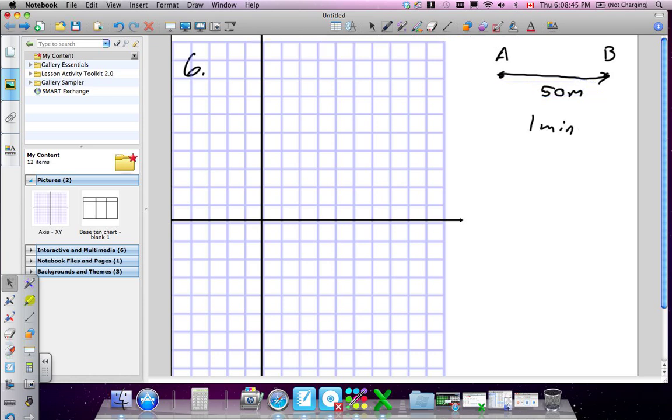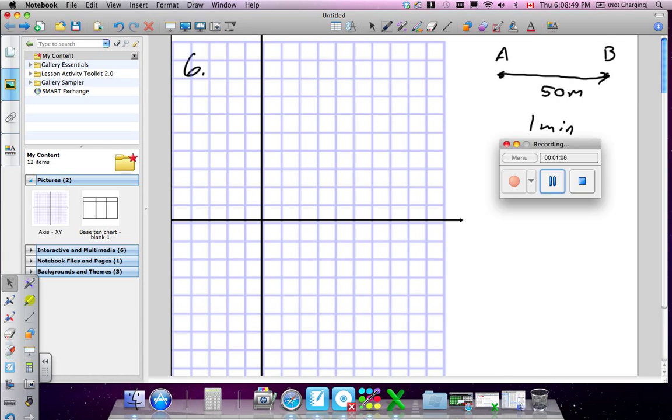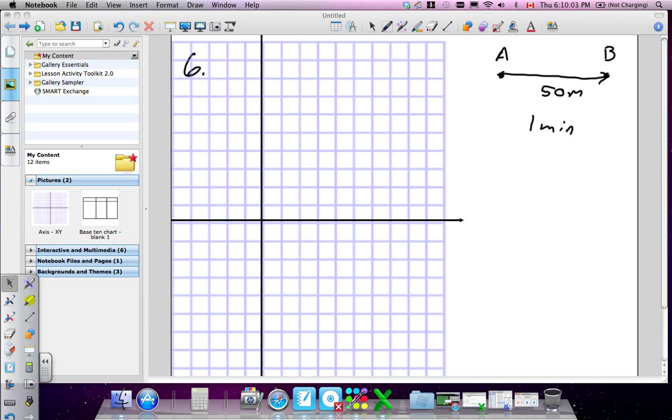The question says, very first, graph her distance. Okay, so it says to graph it in terms of time and distance. So essentially what we want to think of is this is her starting point on the graph, okay? And because this is done in meters, we'll go 10, 20, 30, 40, and we know 50 is technically as far as she can go.